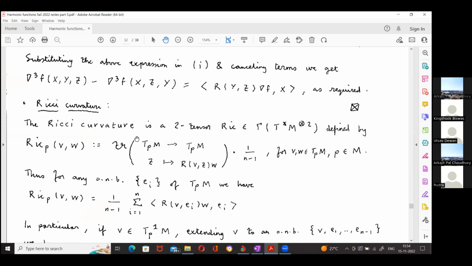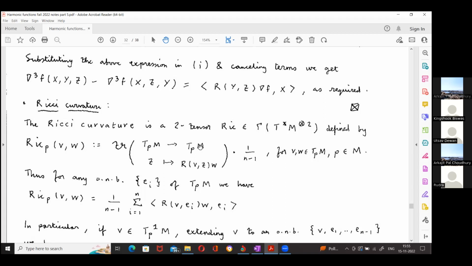How is this defined pointwise? The Ricci curvature at P acting on 2 tangent vectors V, W is the following. If I have 2 tangent vectors V, W, that gives me a linear map from the tangent space to itself. I put V and W in the first and third slots of the curvature tensor. Then I have a linear map: Z goes to R of V comma Z acting on W. This is linear in Z, right?